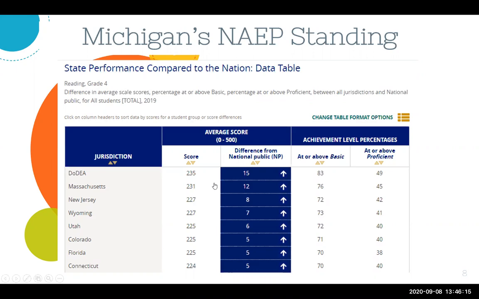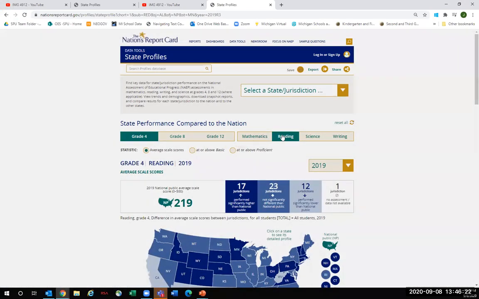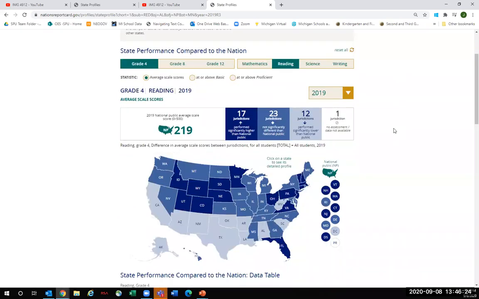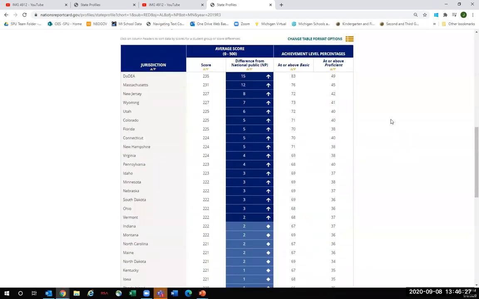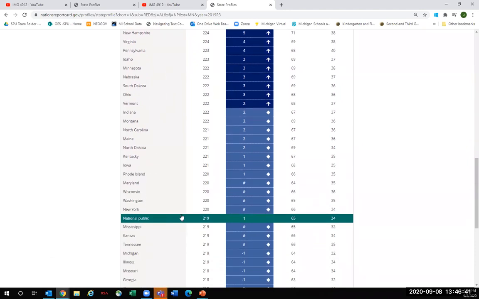And we'll take a look at the website. If you visit the site, you can see all educational entities are listed, from 1 being the Department of Defense Educational Agency schools, then Massachusetts. As you scroll down, this strong green line here represents the national public school average, so the national average that we mentioned.